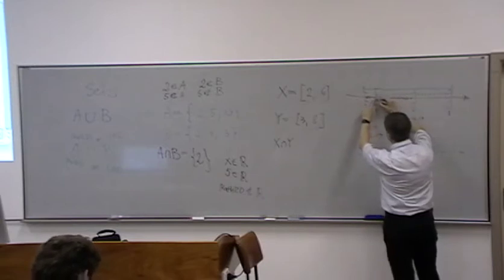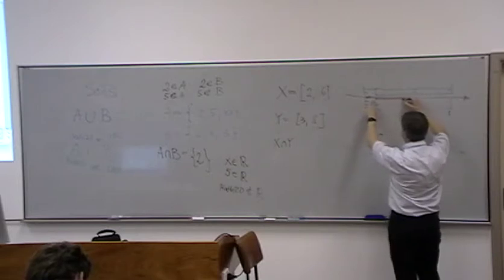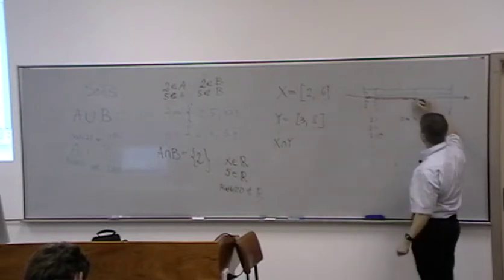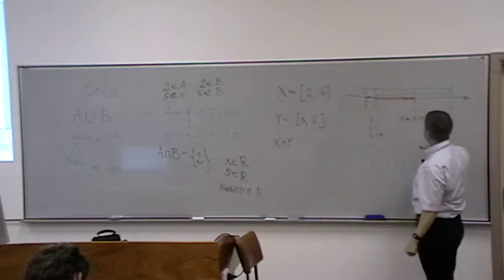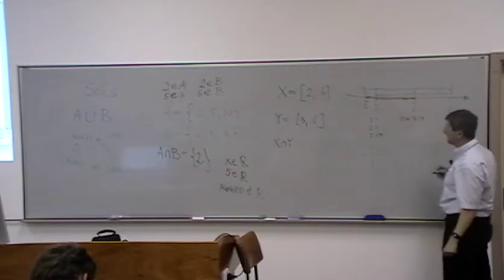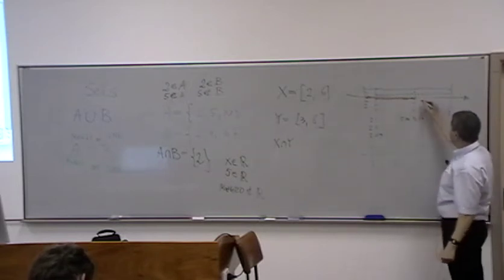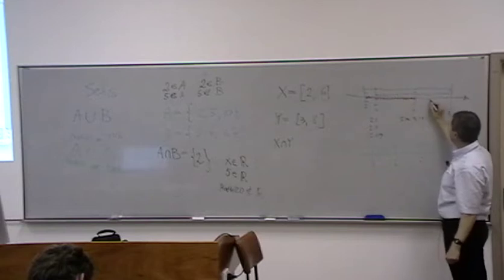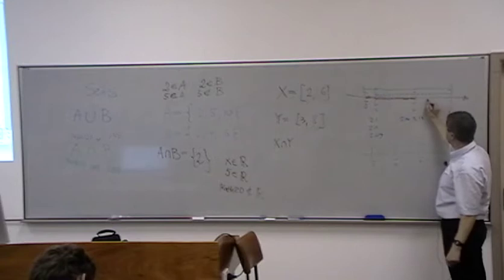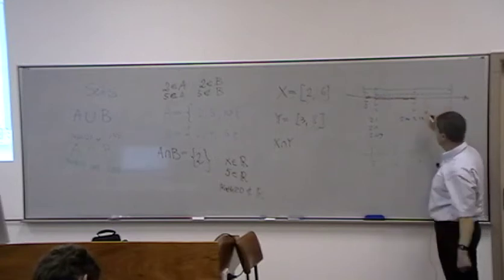Here, starting from 3, we have numbers which are at the same time blue and green. So they are in the intersection, including 3 and 6. But after we pass 6, we have something which is in the blue set but no longer in the black set, so it is not in the intersection.